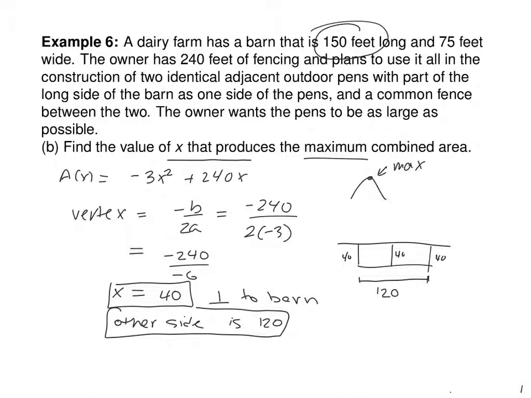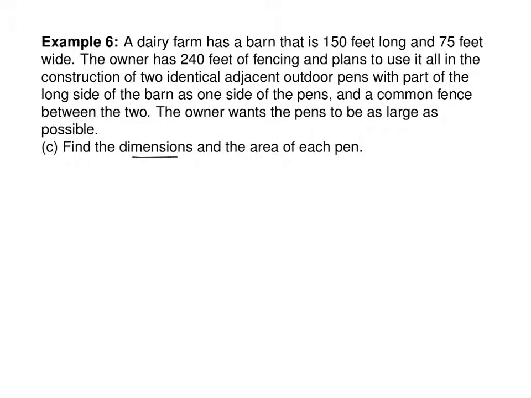One thing you'll do in calculus is solve problems that aren't parabolas, where you're finding the biggest point or lowest point. There's a technique called a derivative that lets you do that. But for the parabolas, you can use algebra 2/pre-calculus. So for C, it says find the dimensions and the area. Do we just have to find the actual area now that we have them? Yeah, exactly. So find the dimensions of the pen.